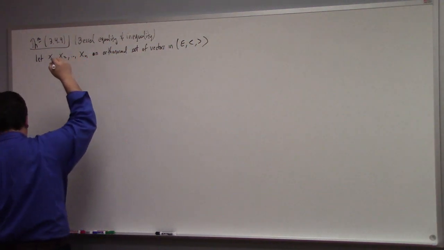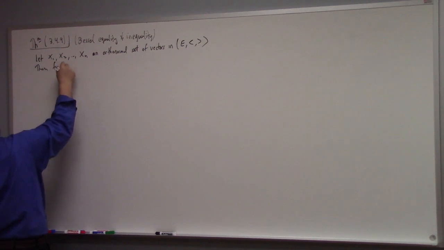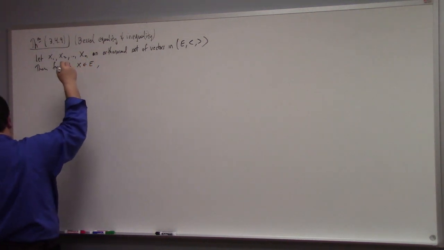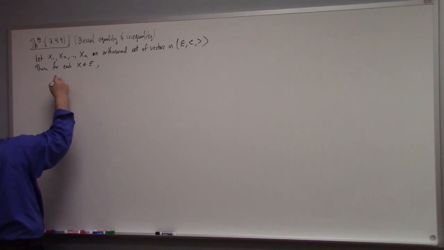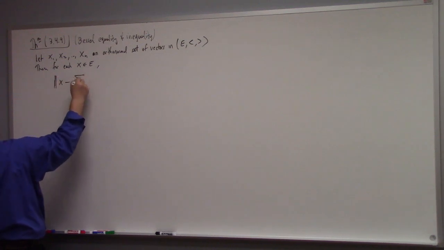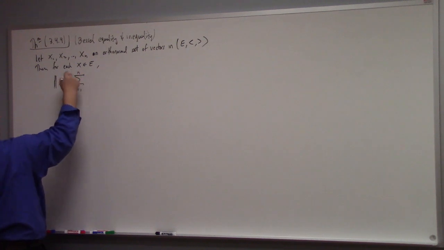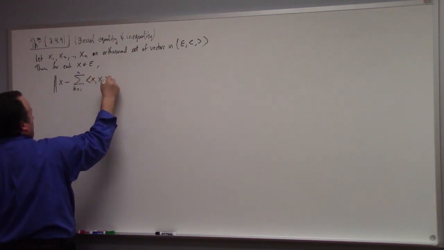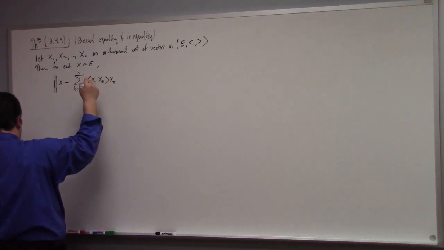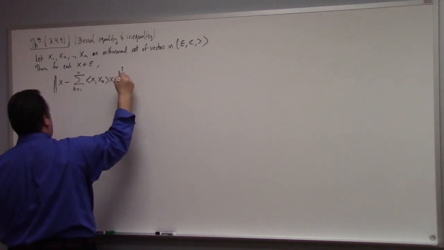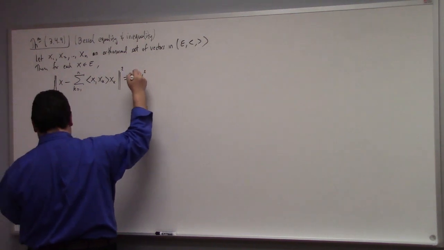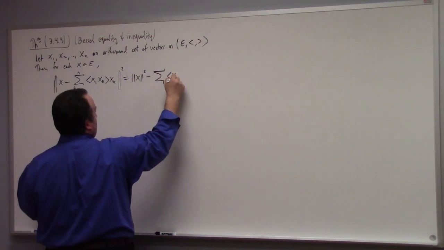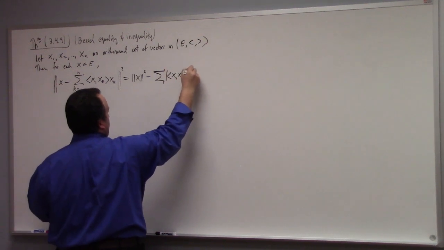Then for each x in E, we have the length of x minus the sum, k equals 1 to n, of the inner product of x with xk in the xk direction, the length of that squared, is equal to the length of x squared minus the sum of the inner products of x with xk, moduli squared.